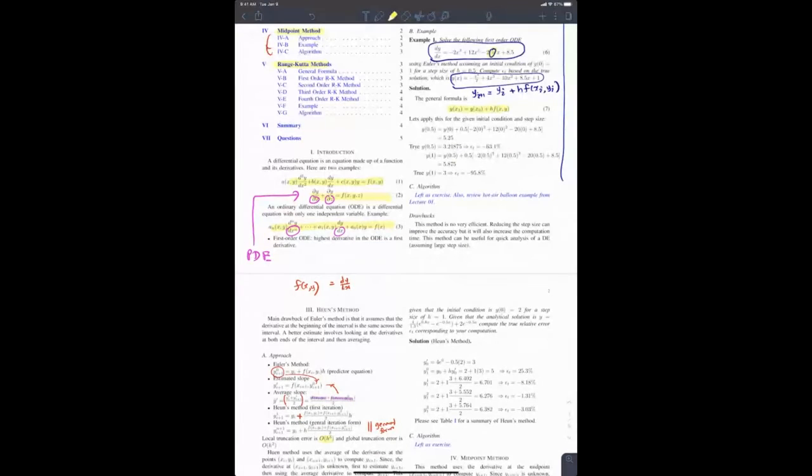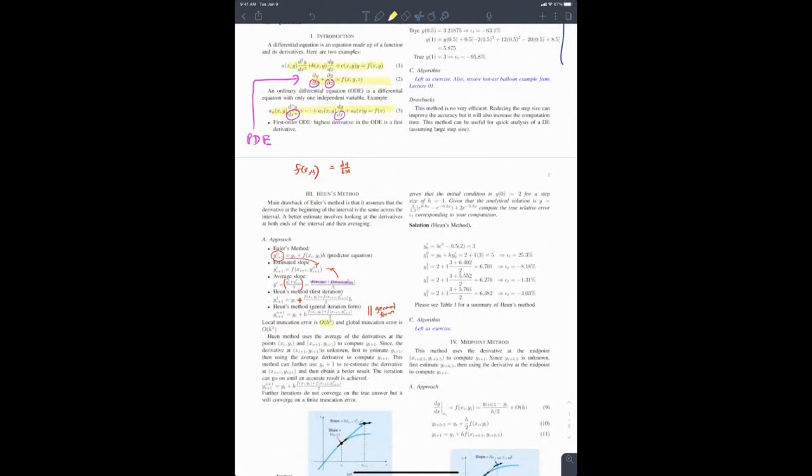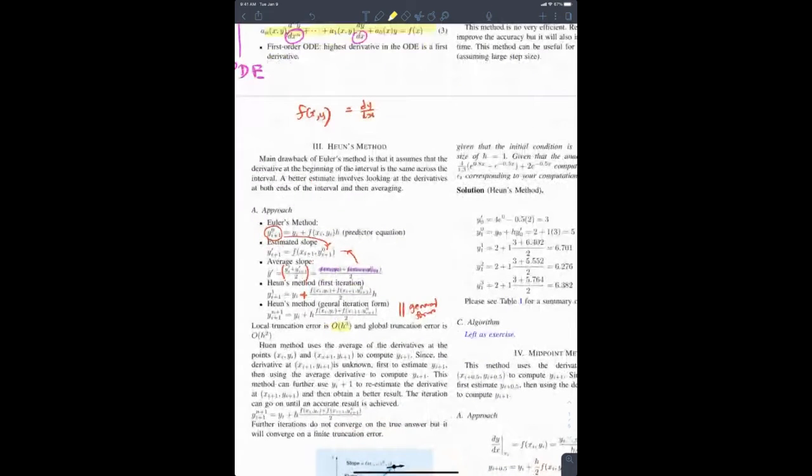So very easy, that global truncation errors. And why is it global? That's a good question.